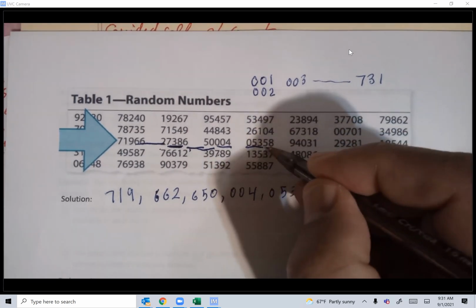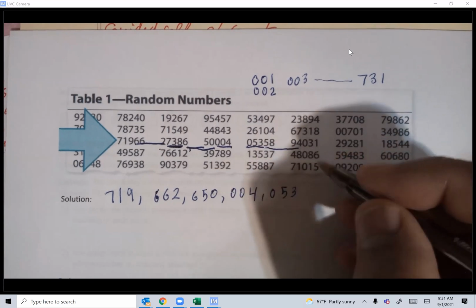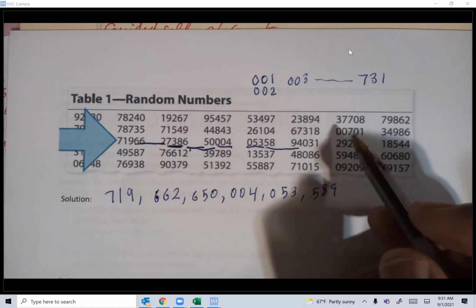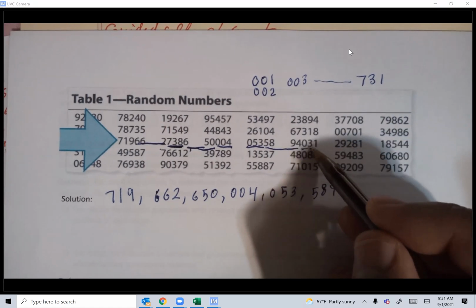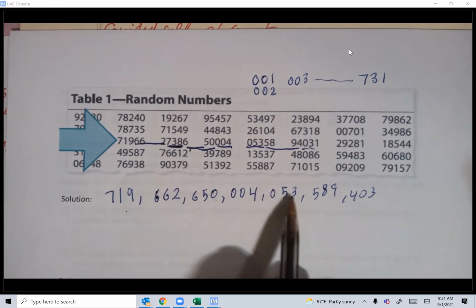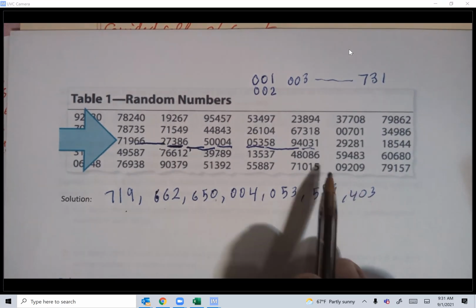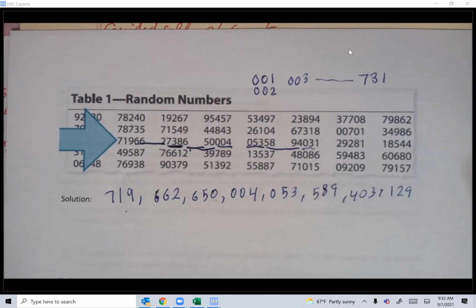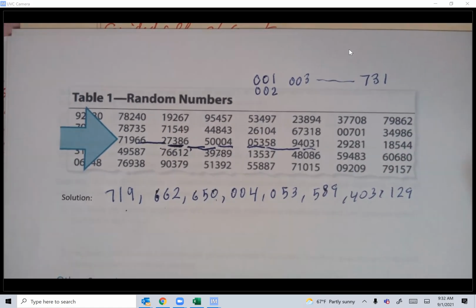And then the next 3 digits, 589, and 403. Do we have 8 already? 1, 2, 3, 4, 5, 6, 7. Okay, one more. And then 129. And this is how you use this table to generate a sample.